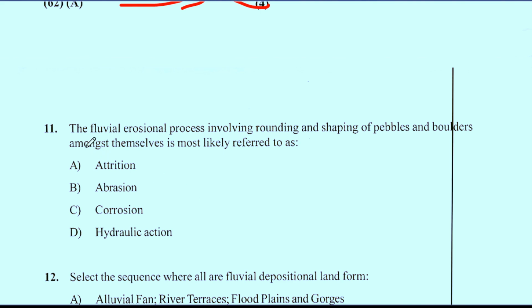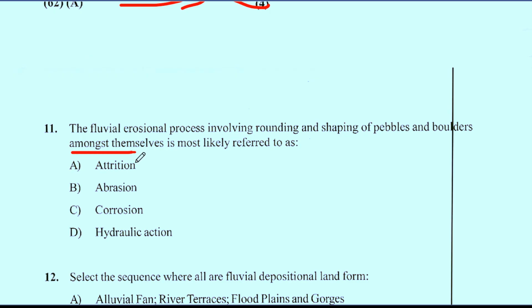Okay, next question: the fluvial erosional process involving rounding and shaping of pebbles and boulders among themselves is most likely referred to as. We also search for the main word.